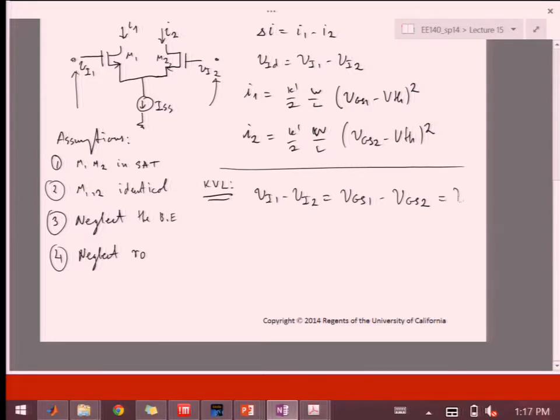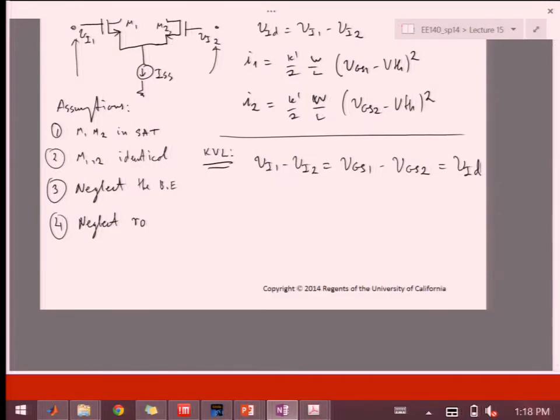And this really is, by definition, the differential voltage. Now, because we assume that the transistors are the same size, VGS1 minus VGS2 will be just the difference in the overdrives. So I can write that VID equals V overdrive 1 minus V overdrive 2.